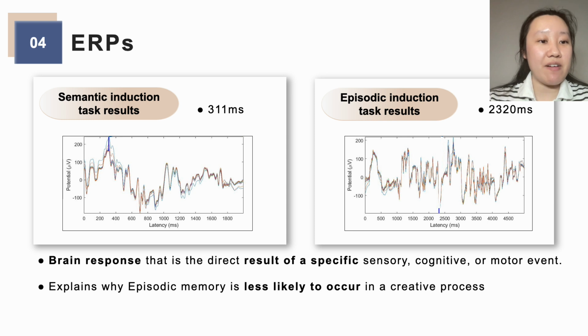Based on this, we can find the semantic memory needs a shorter response time compared with the episodic memory. This result may help us explain why episodic memory is less likely to occur in our creative processes, because episodic memory needs a longer time to be invoked.